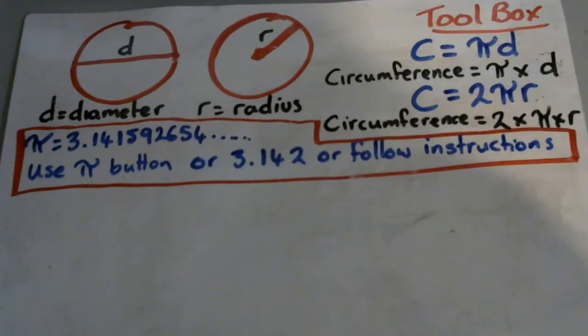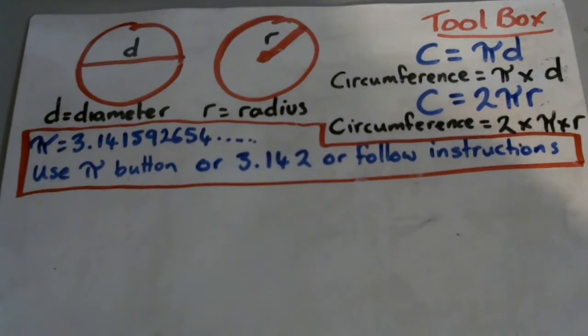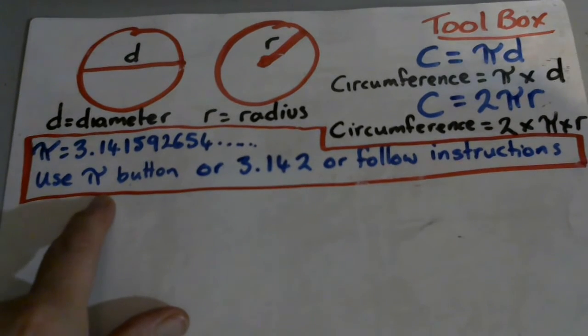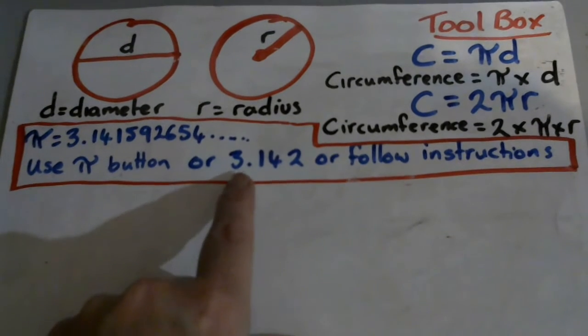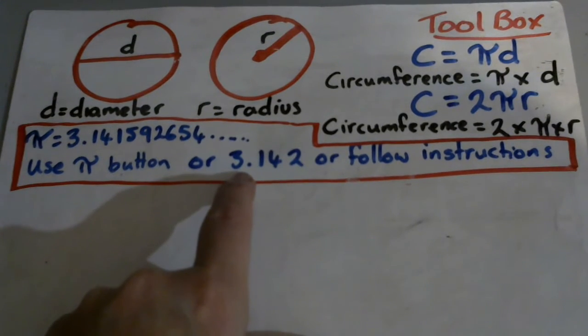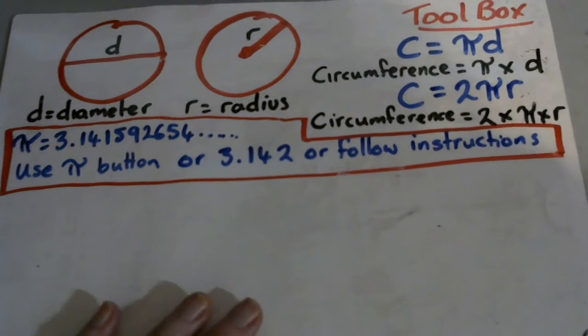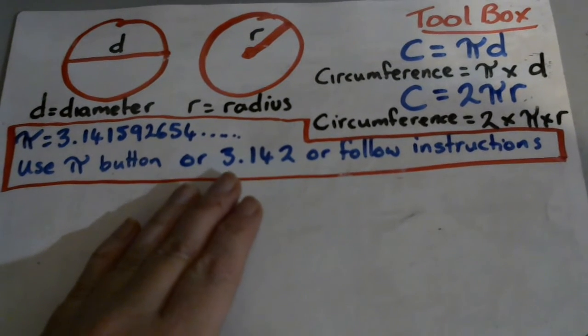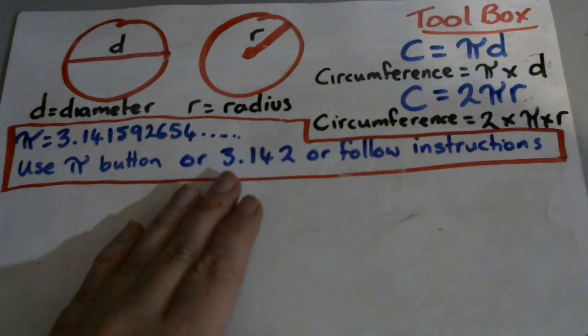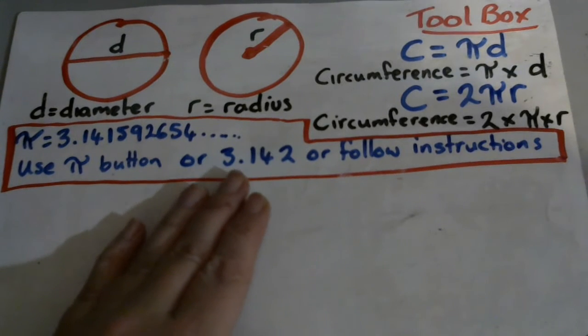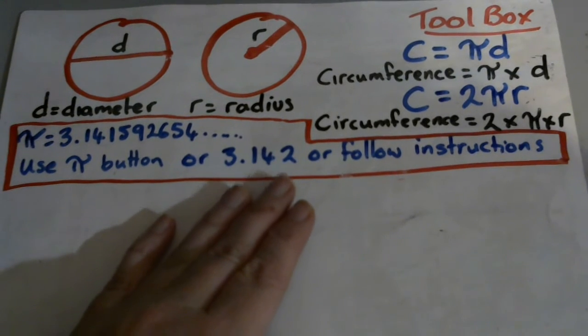So if the instruction just says find the circumference, you can choose to use the pi button, or you can choose to use 3.142. But sometimes the instruction might say use 3.142 or 3.14 or 3.1416.